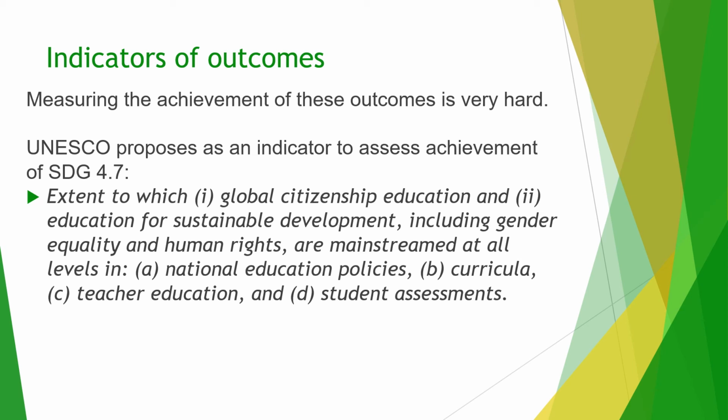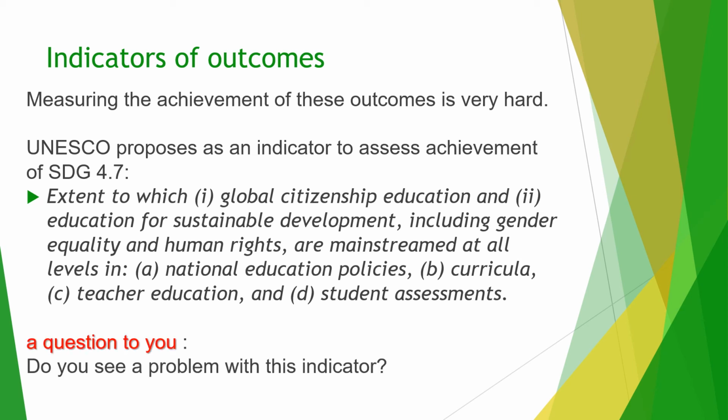So this is the indicator that has been defined to assess the achievement of the Sustainable Development Goal, which says that all learners acquire the knowledge and the skills needed to promote sustainable development. And my question to you is, do you see a problem with this indicator?